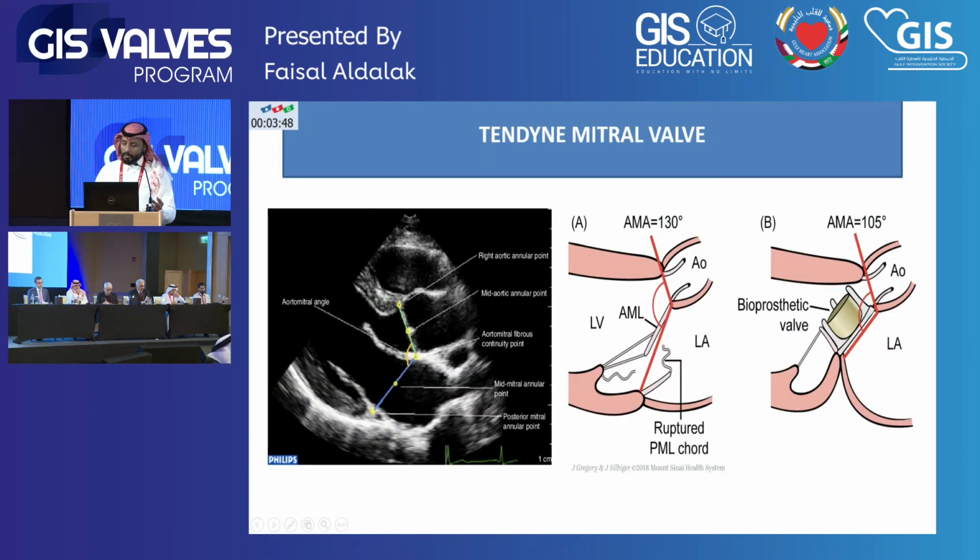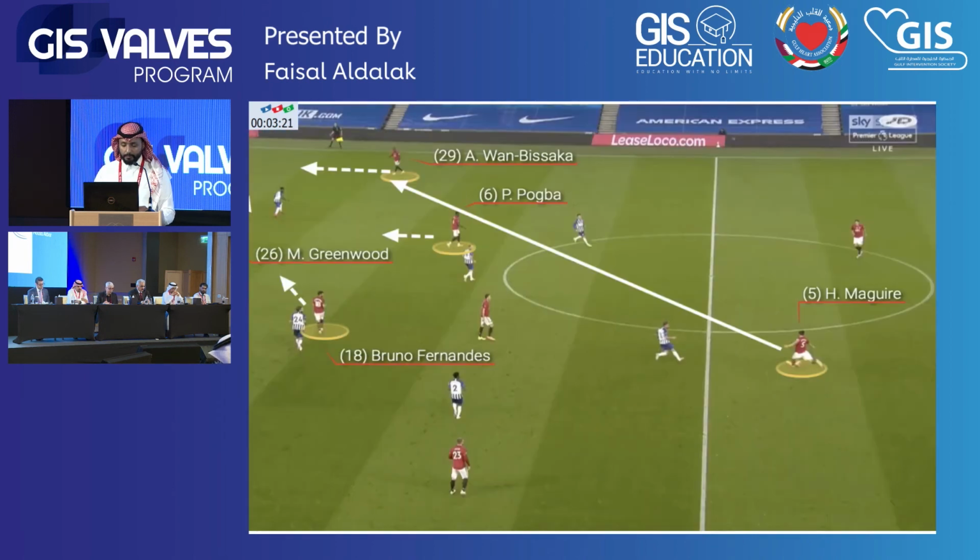There is another measurement, which is also done for even a conventional surgery, called the aortomitral angle, and if the angle is quite small, then the patient might have a significant LVOT obstruction. Because if you recognize here, the angle is small, that's why the valve is pointing towards the septum, and these patients are really not the preferable patients and might lead to significant problems down the road.